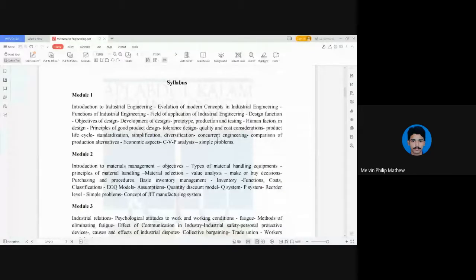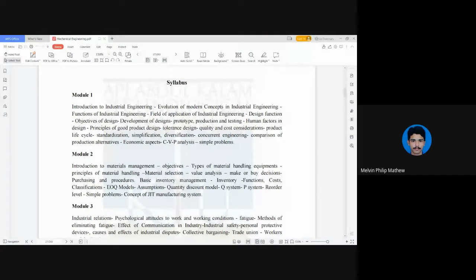It is one of the parts present inside product design engineering. Then comes the comparison of production alternatives. Then we will discuss the economic aspects, and we are studying CVP analysis with some problems. So this is the overview of module one that we will be dealing with.